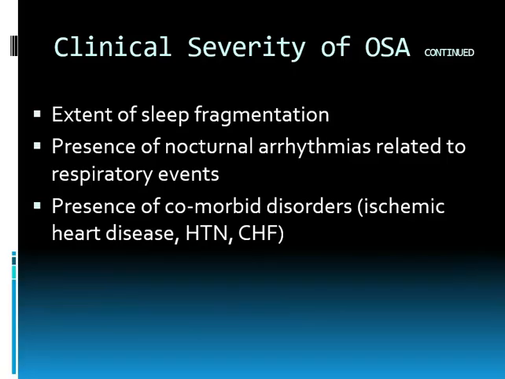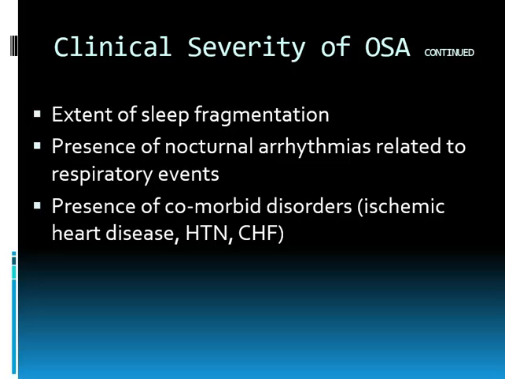Does their disorder cause or exacerbate nocturnal arrhythmias? Or do they have an underlying disorder, especially a comorbid heart disease or congestive heart failure, that having OSA on top of can significantly worsen and exacerbate? So it all comes together to look at, how severe is it?